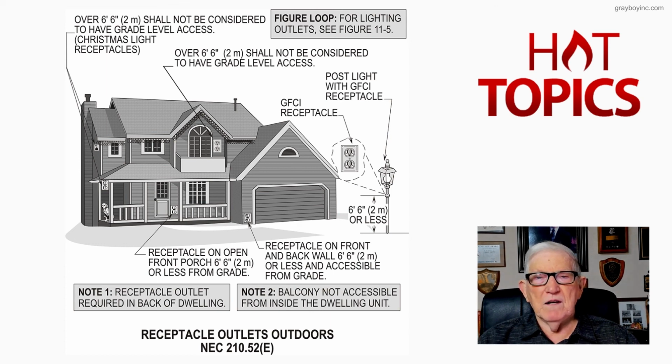You don't really have access to that balcony area. So basically speaking, that's what this figure 10-16 is illustrating to the user of the NEC when they are dealing with receptacle outlets installed outdoors in accordance with 210.52E of the NEC.